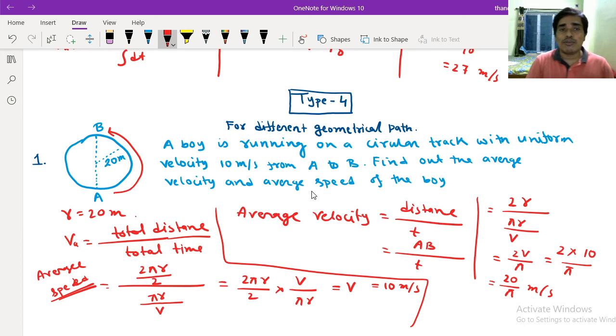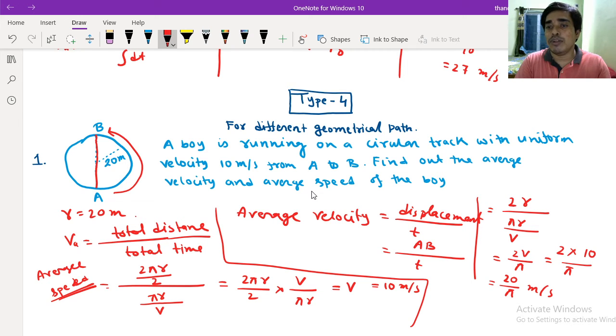You see that there is a difference. When you calculate speed, speed does not change in this case because it's constant speed. But if you calculate the average velocity, then it is not distance, it is displacement, and the displacement is A to B. So displacement is AB, that means 2r, but the time taken to reach B is given by the total path pi r divided by v.